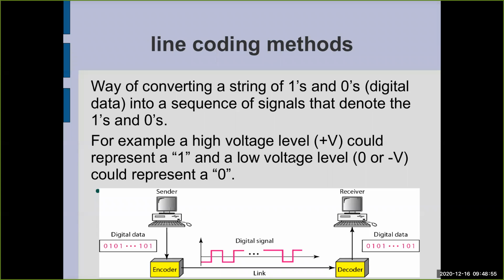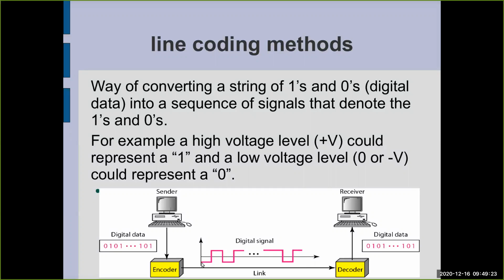The simplest way is to use a voltage signal, where V plus represents 1 and a low voltage level is 0, or minus V. The V is the signal amplitude, the power supply voltage.